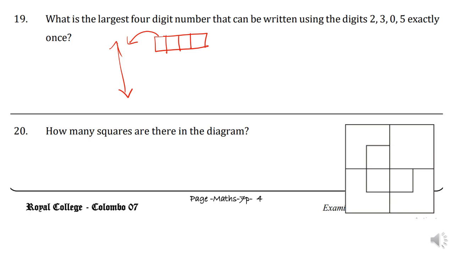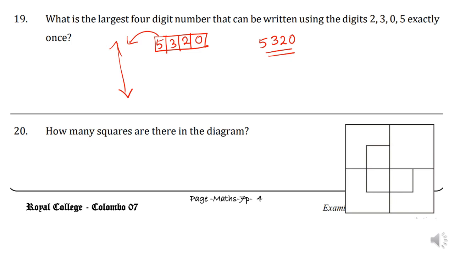That means it is 5. And the next number is 3 here, and 2 here, and 0. So the largest 4-digit number that can be written using the digits 2, 3, 0, 5 exactly once is 5320.